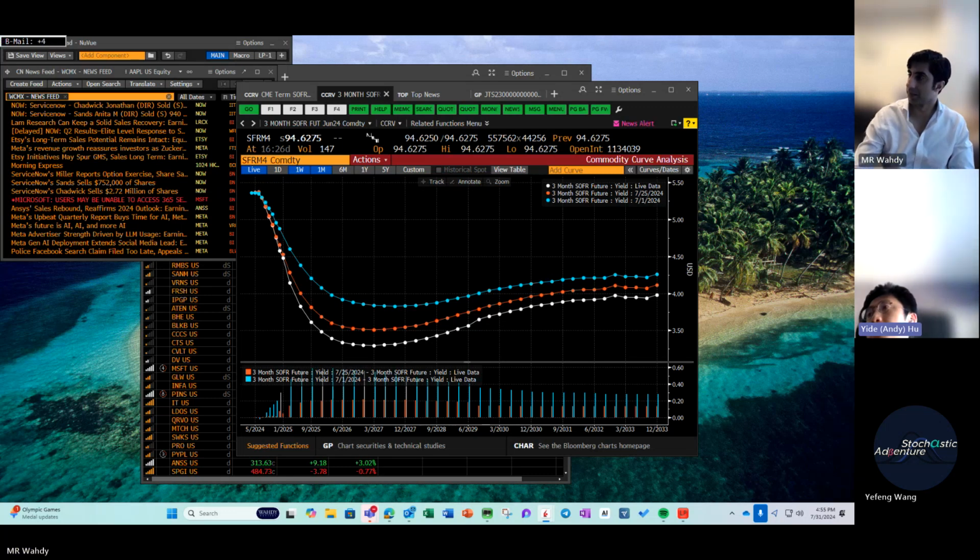Yeah, I actually checked out Denso and Aisin, which are Japanese auto suppliers who reported today. It's in line for Q1, but they cited material weakness in Asia auto sales, especially on the Toyota side.